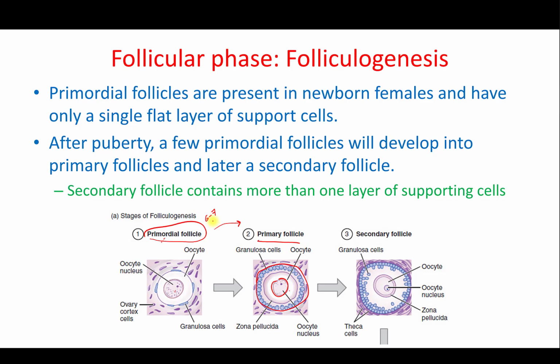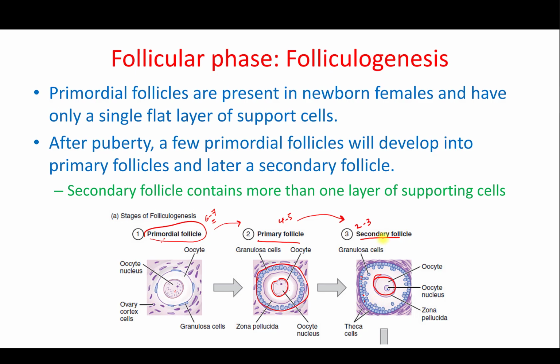Then, out of the 6 or 7 follicles, we might have 4 or 5 primary follicles, and out of them, maybe 2 to 3 will develop into secondary follicles. What is a secondary follicle? A secondary follicle is when we have 2 layers of those supporting cells. The egg is still there, doing what we were describing earlier.